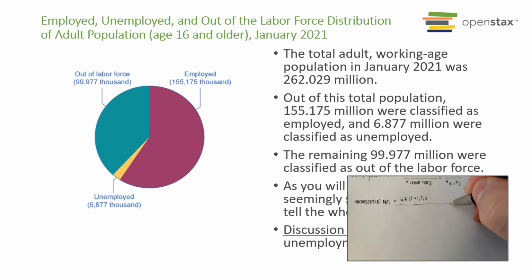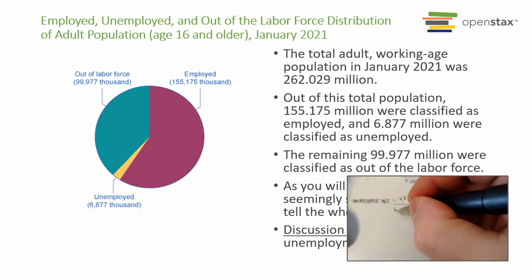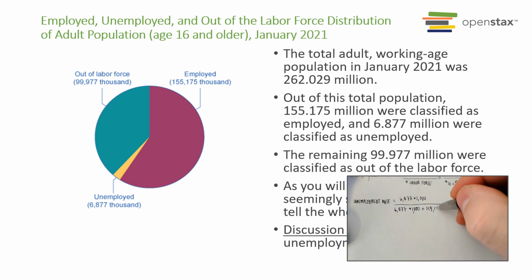And we're going to divide it by the employed plus the unemployed. So this is going to be divided by the same number, 6,877,000 people unemployed, plus the employed people, which is 155,175 times 1,000.